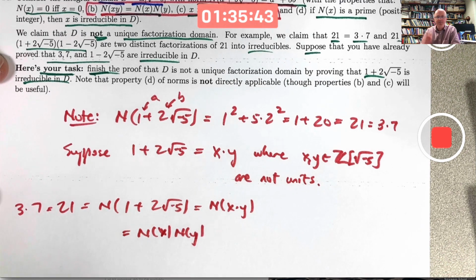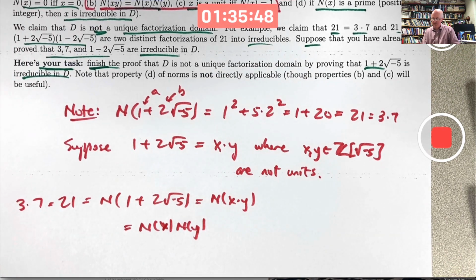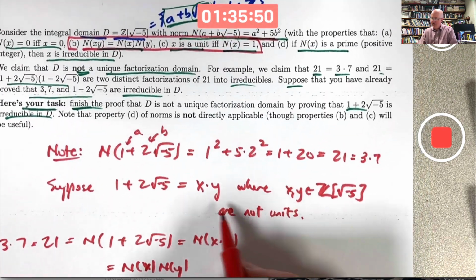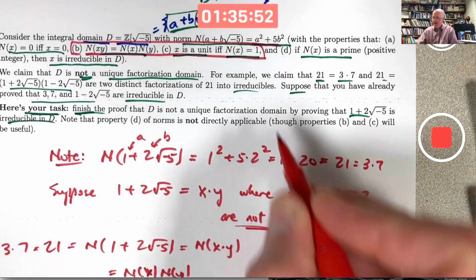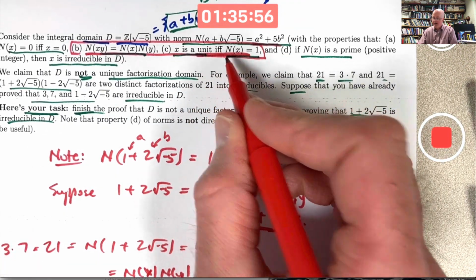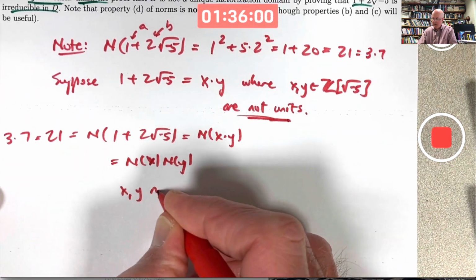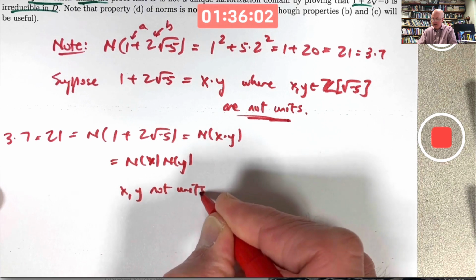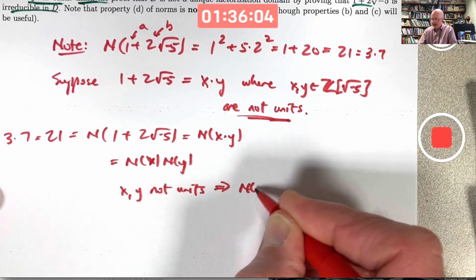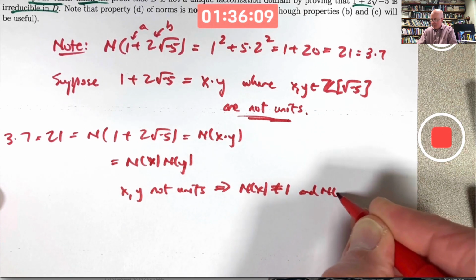Here's the question. Is that possible? Since x and y are not units, this is an if and only if: n of x and n of y can't be 1. X and y not units implies n of x is not equal to 1 and n of y is not equal to 1.